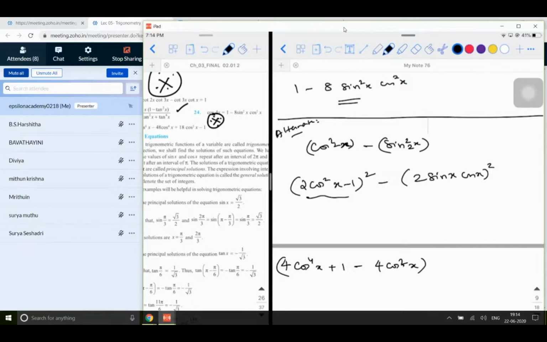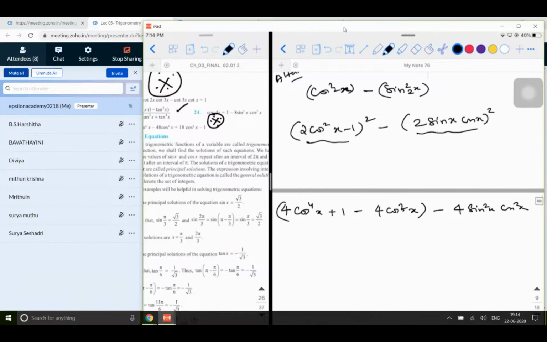Repeating it, it is a square plus b square minus 2ab. Minus, what is the formula here? It is 4 sin square x into cos square x. So here observe, I have 4 cos power 4x plus 1 minus 4 cos square x minus 4 sin square x cos square x.